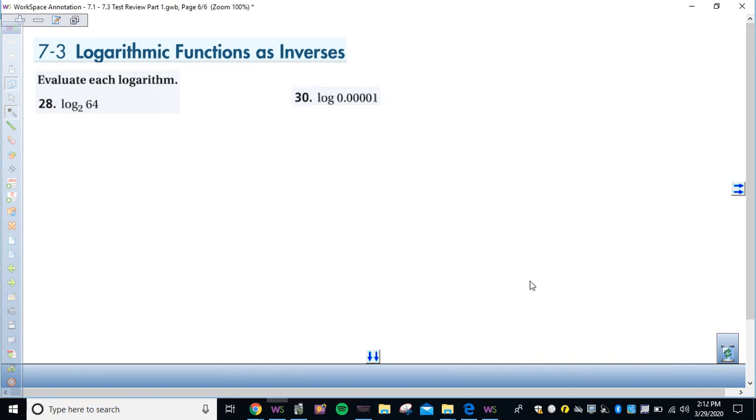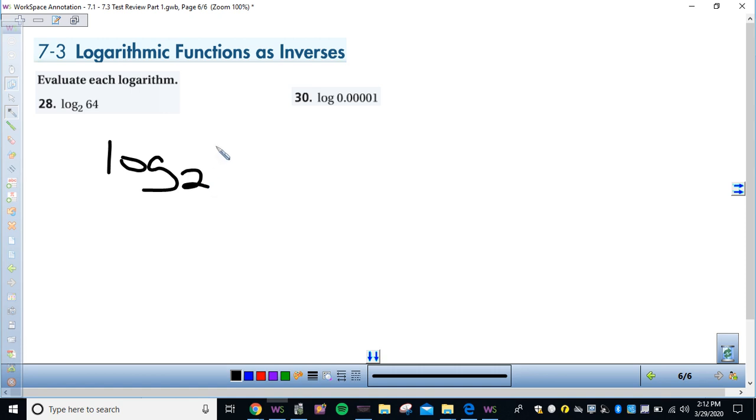Alright, we're on to our last page here. So 7.3 again, we're evaluating each logarithm now. So when we have that word evaluate, I'm going to write it a little bigger again. So log base 2 of 64. As soon as you see that word evaluate, just go ahead and set it equal to x. So 2 to the x power equals 64.